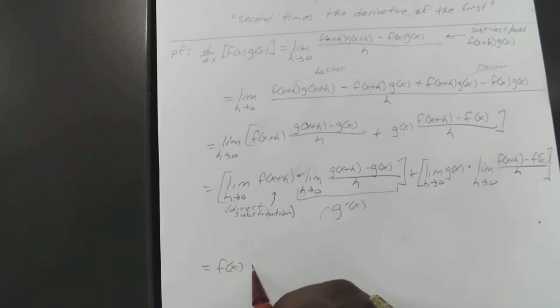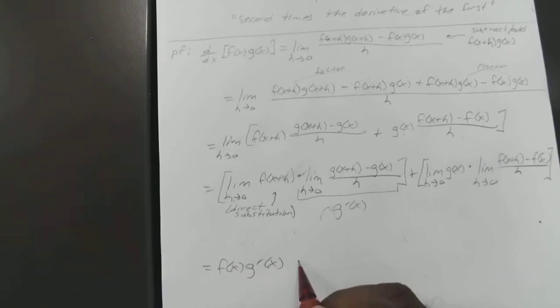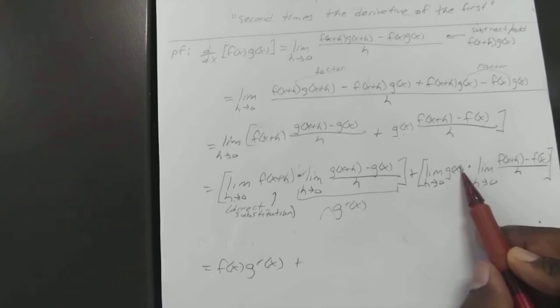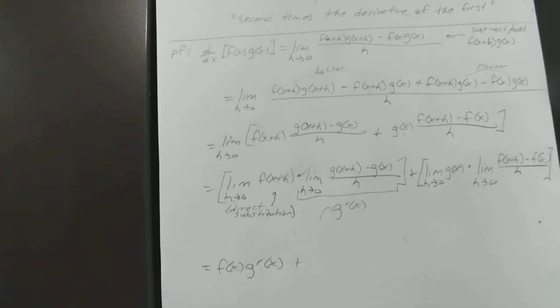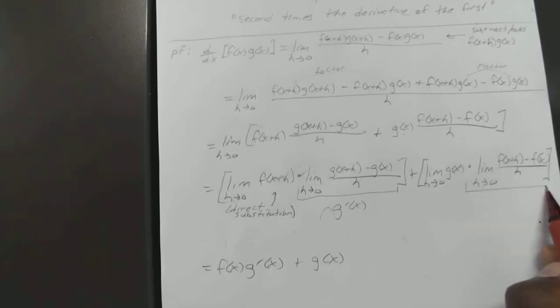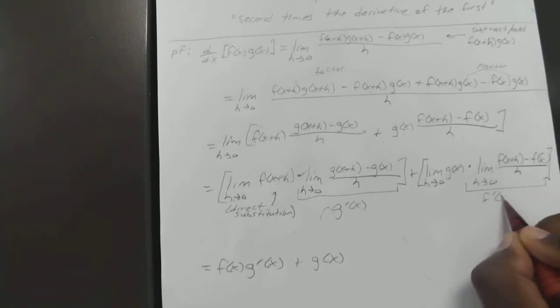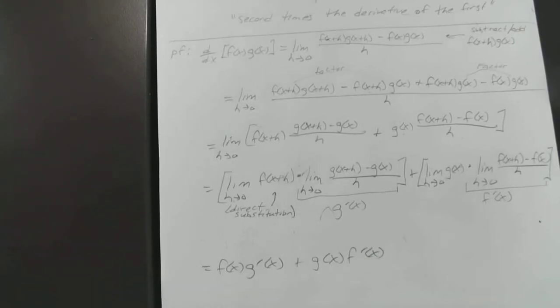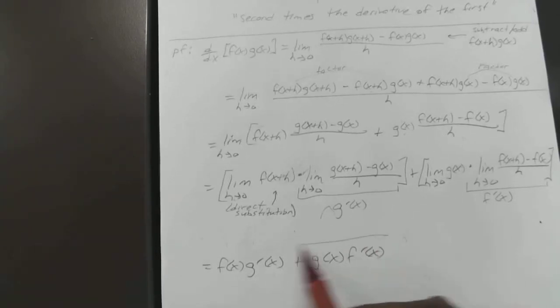So f of x times g prime of x plus, here, direct substitution, if you plug in h equals 0, you're still left with g of x times this, remember that's the formula for f prime of x. First times the derivative of the second plus the second times the derivative of the first. So we have our formula.